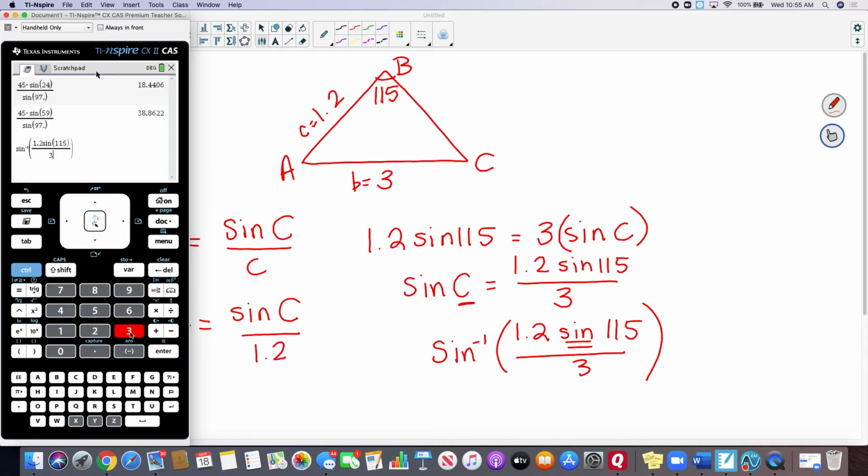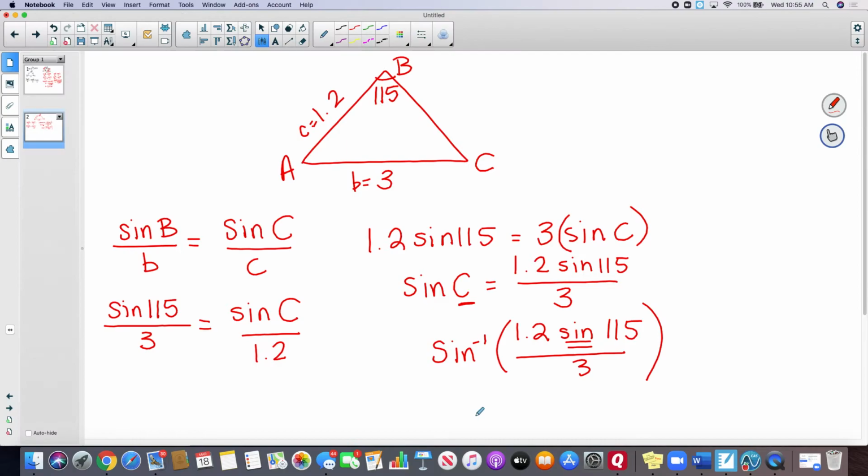So look at my calculator and look at my problem, and I've typed them in the exact same way. Now I'm going to put another decimal point here just to make sure I get an answer. So you get 21.26. So we're going to run everything right now to the nearest hundredth. So angle C equals 21.26 degrees. Okay, so we're going to put that here.